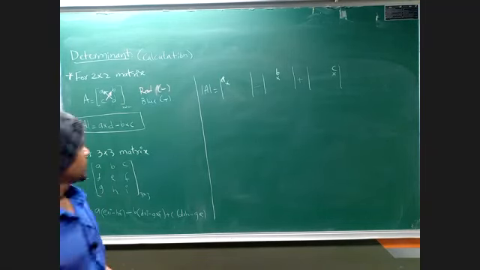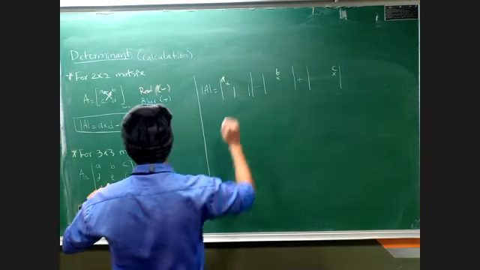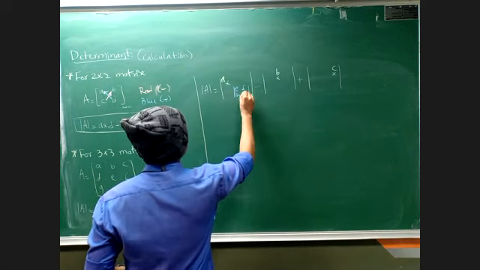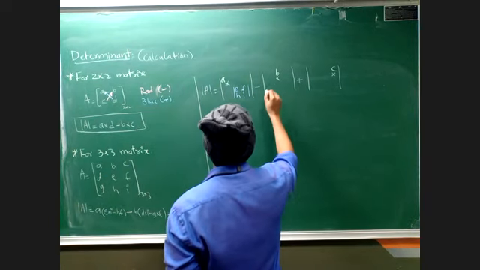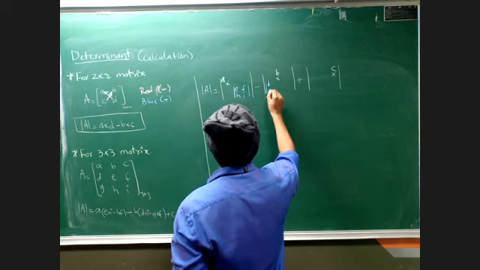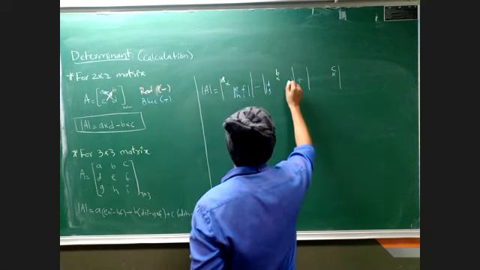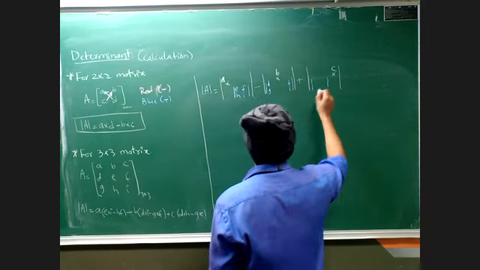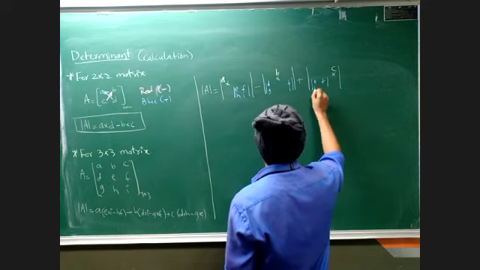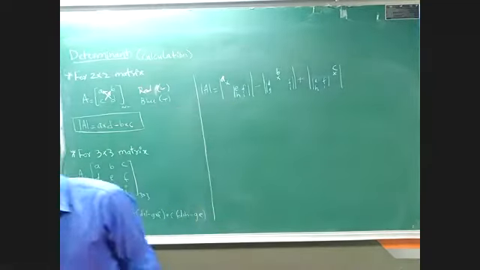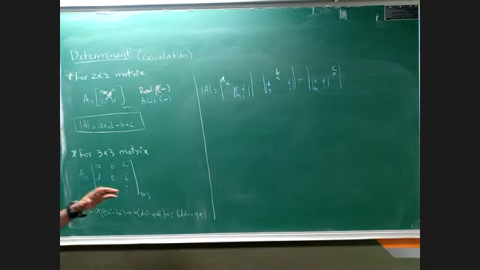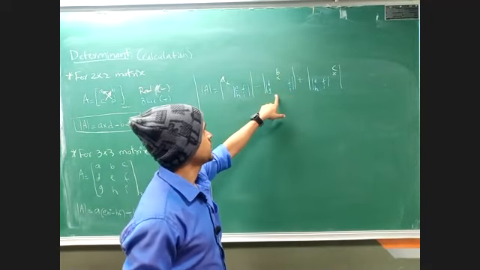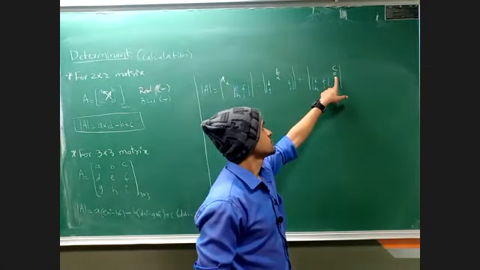Okay. So here I have a minor of E, F and H, I, and here I will have D, G and F, I, and here I will have a minor E, F, H, I. So in case of a 3 by 3 matrix, I need to multiply A with the minor of A1 and B with the minor of B1 and C with the minor of C1.